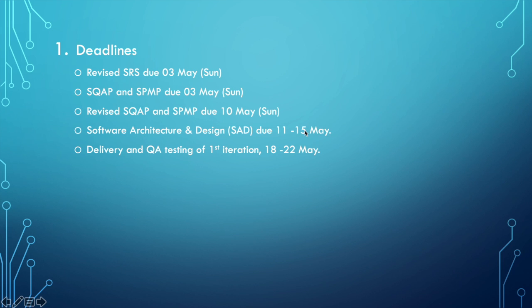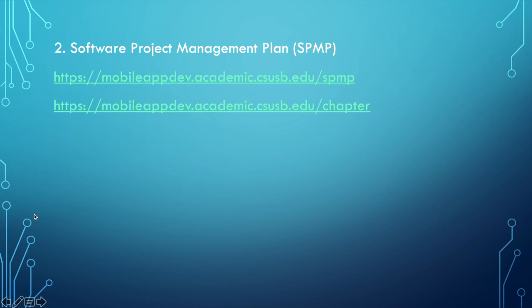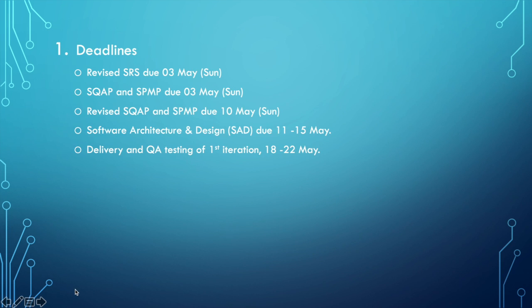This one here. Okay. All right. Oops, I pressed the wrong button. And so delivery of the first iteration and QA testing of the first iteration will happen on the week of the 18th to the 22nd of May.